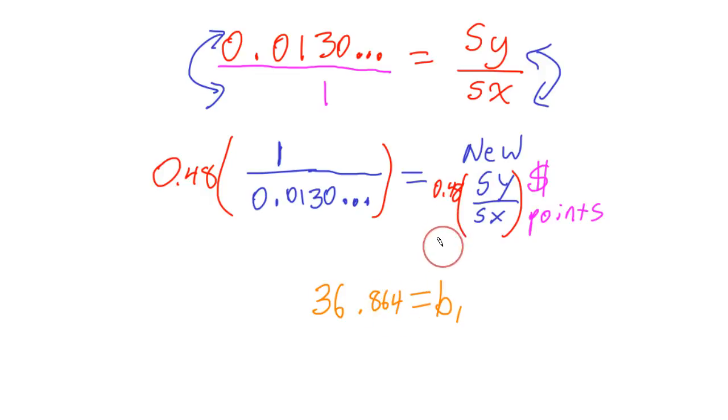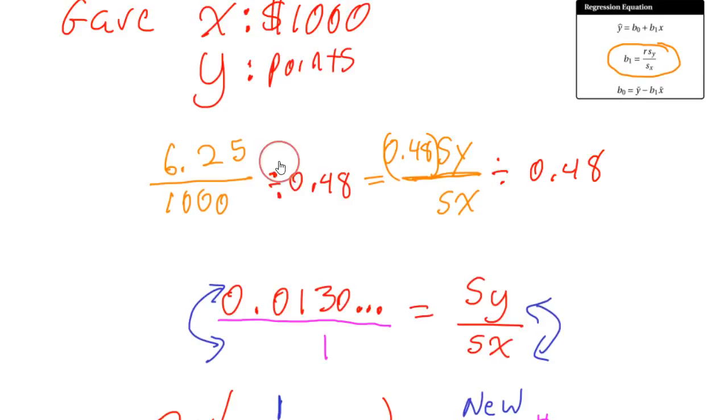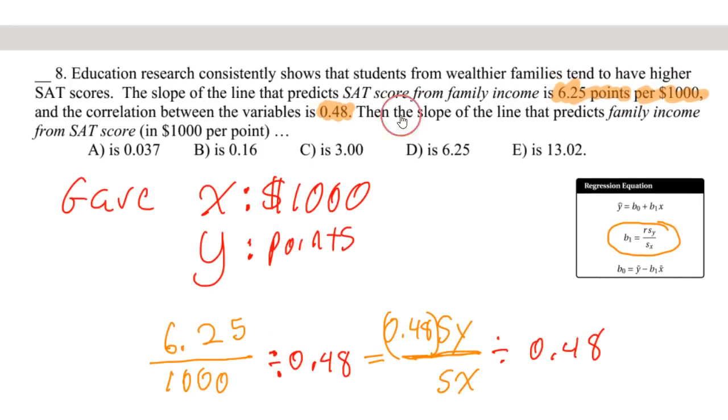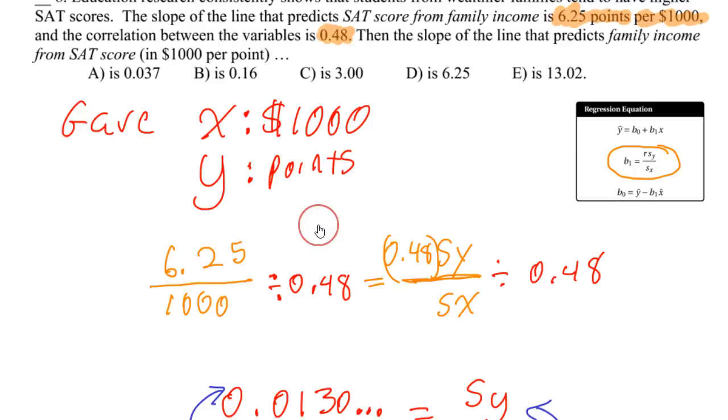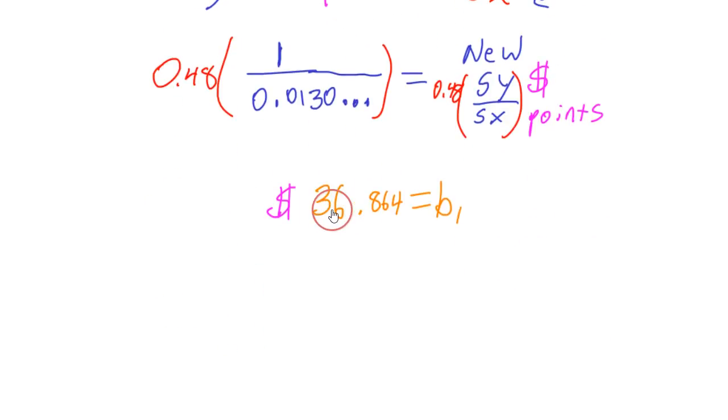36.864. But we have to be careful. This right here is currently talking about dollars. When we take a look at what the problem wanted, it wants the dollars to be expressed in thousands of dollars, not just dollars. So I need to take this dollar amount and divide it by 1,000.